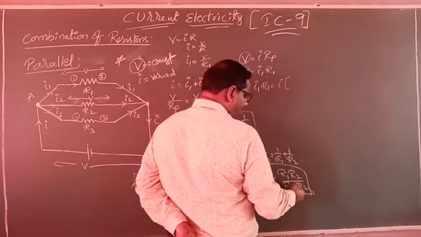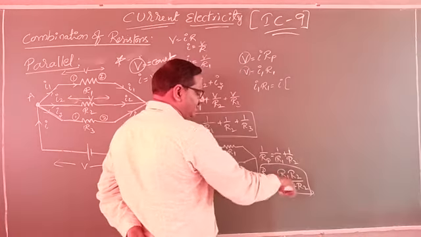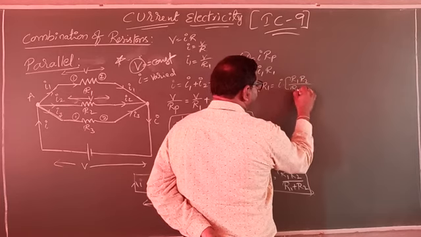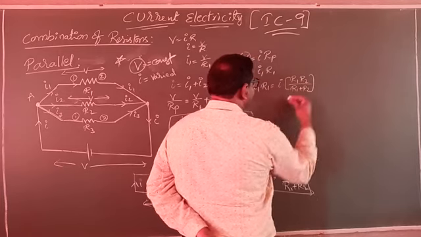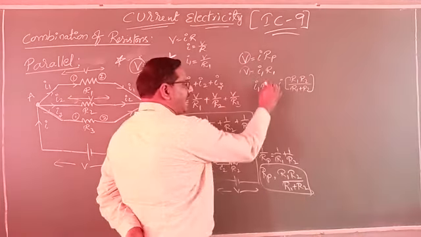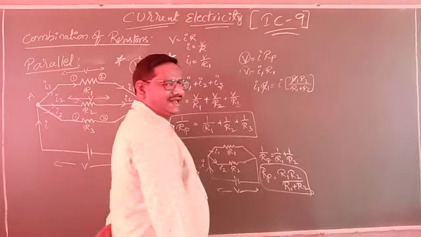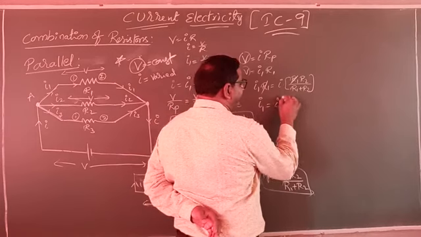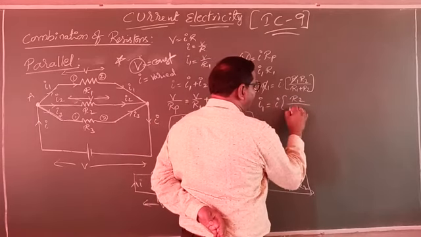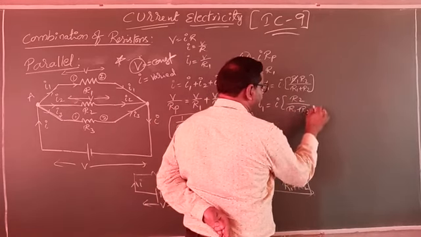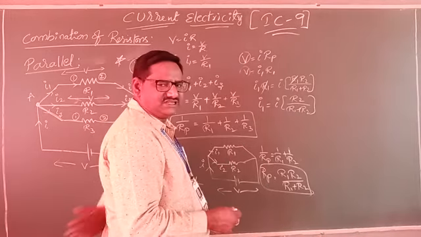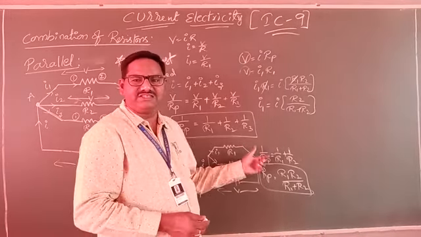Instead of Rp, if two resistors are there, you can write R1 R2 by R1 plus R2. Say yes or no? Now R1 will get cancelled. Then the final I1 equals I into R2 by R1 plus R2. Do you understand? So in shortcut, which branch current do you want?